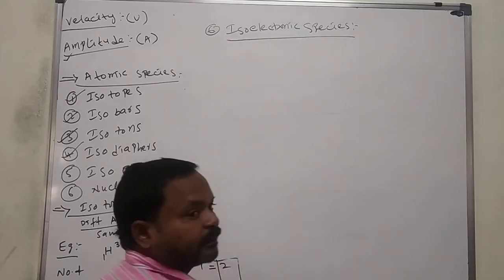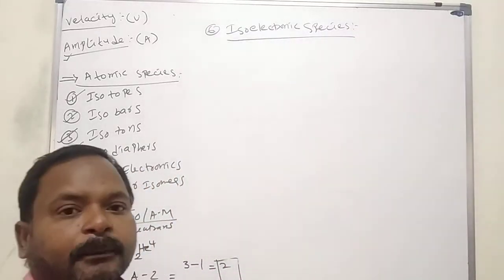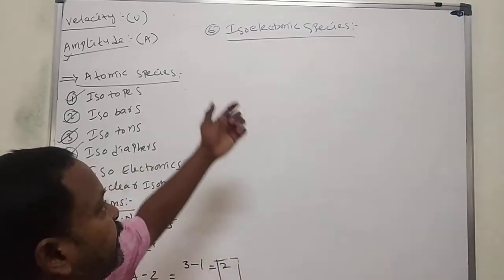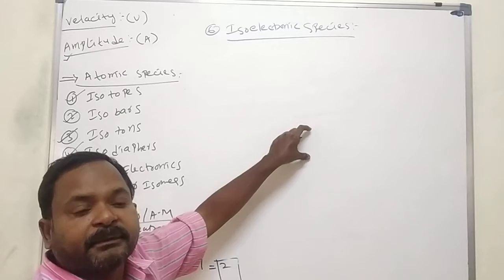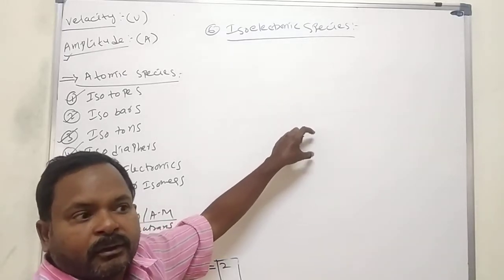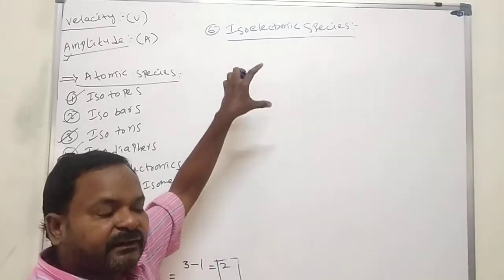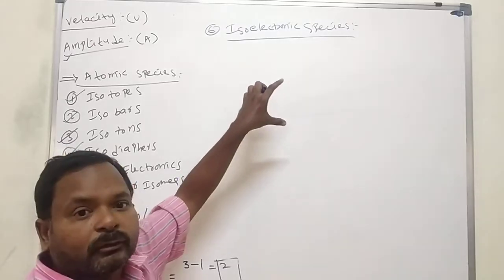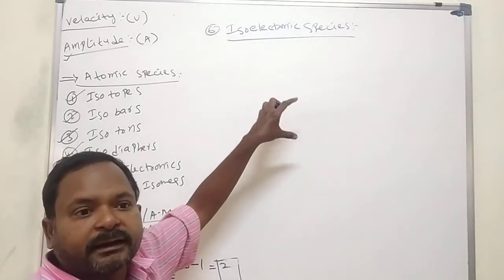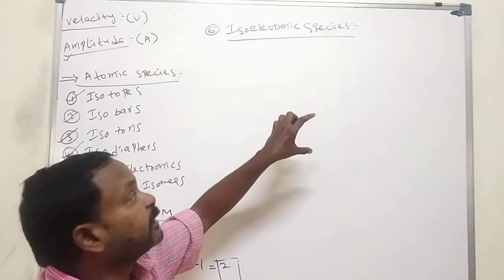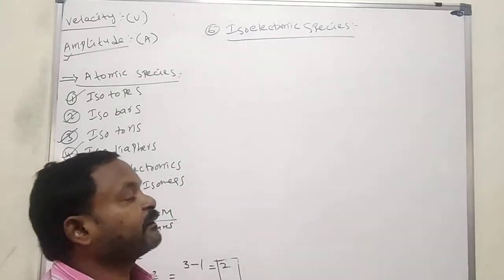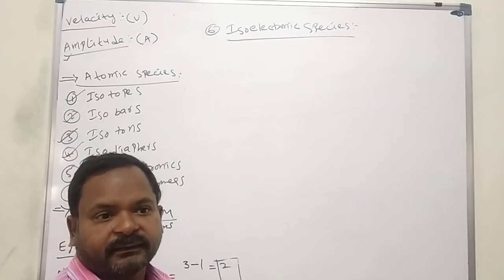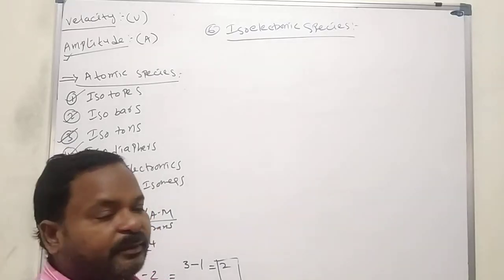Isoelectronic species means these have different atomic number, different atomic mass, but the same number of electrons. The atomic species which have different atomic mass and atomic number but the same number of electrons we call isoelectronic species.